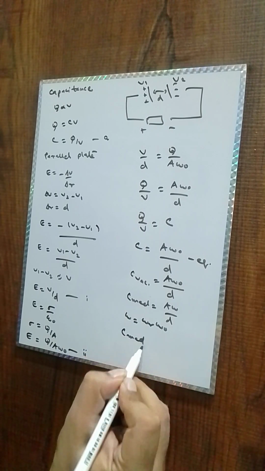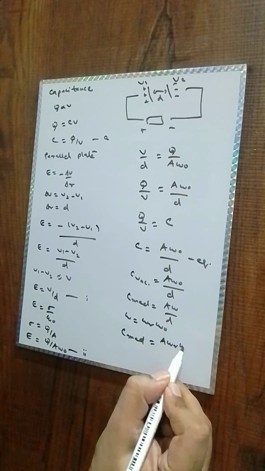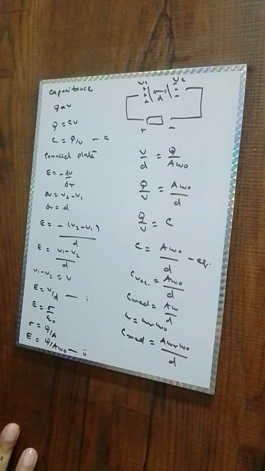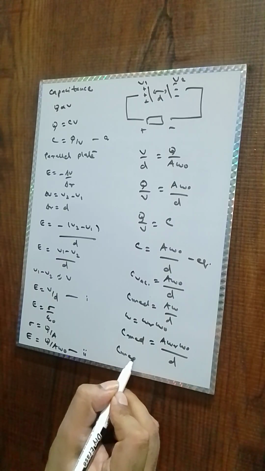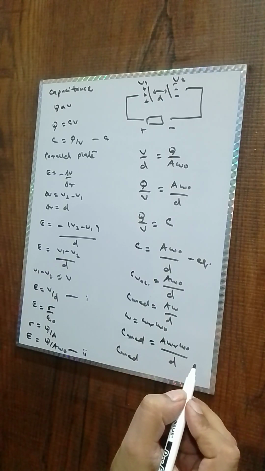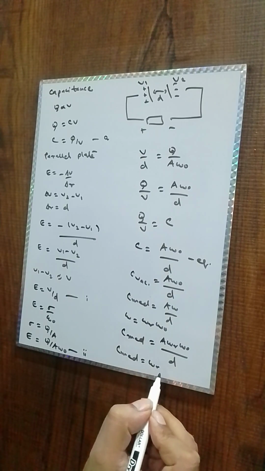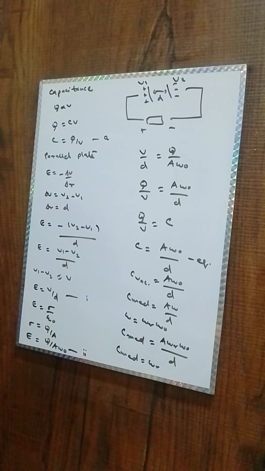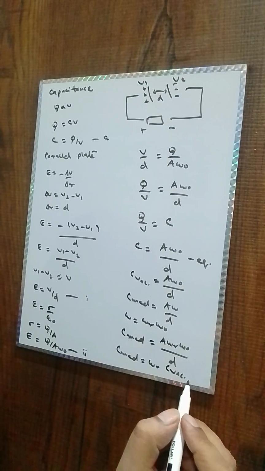So C with medium, capacitance in a medium, contrary to the vacuum, would be A epsilon R epsilon naught by D, which means C medium is equal to epsilon r into C vacuum.